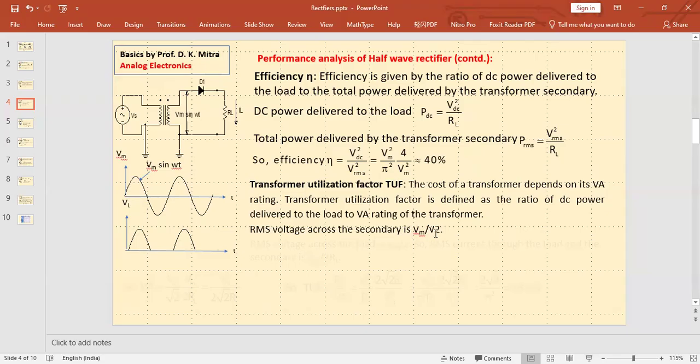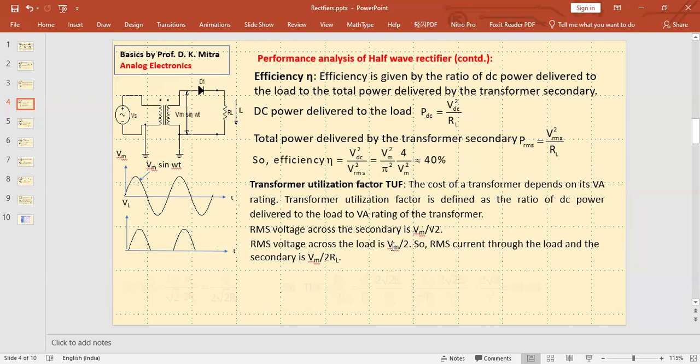The RMS voltage across the secondary. This is our Vm sine omega t waveform. So obviously its RMS voltage is Vm by root 2. You have learned it, I think, in your school also. Vm by root 2. And what is the RMS voltage across the load? The RMS voltage across the load is Vm by 2, that we have found out earlier.